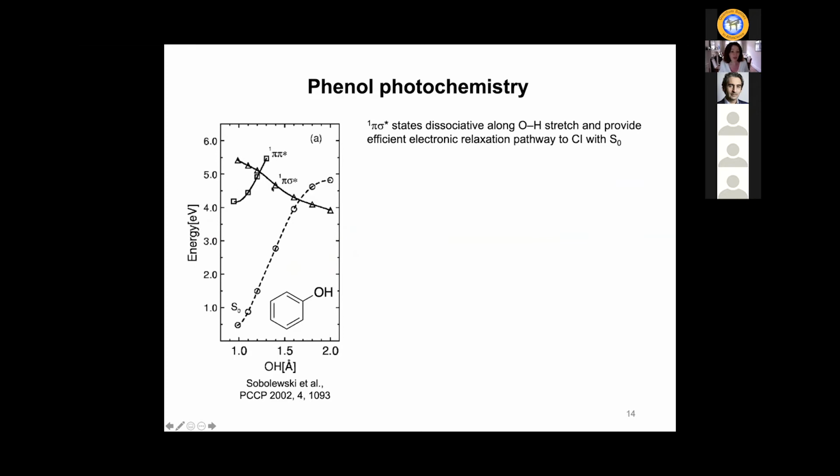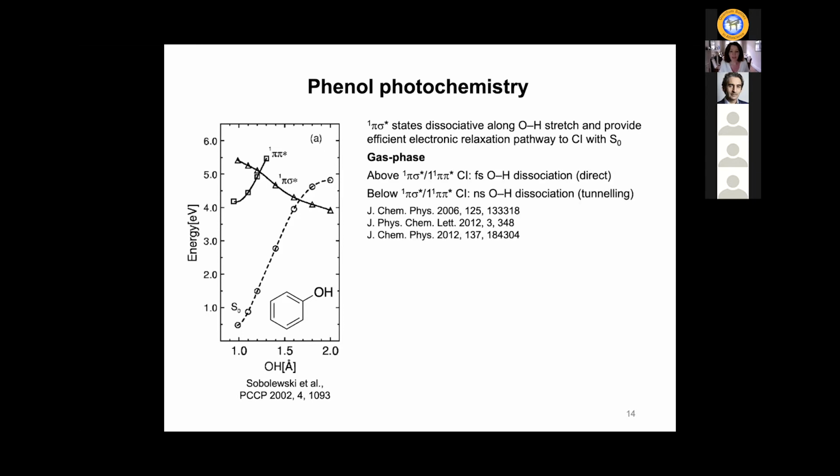And it also has these pi sigma star states, which are dissociative states along the OH stretching bond. And these are very important in biological molecules, because these dissociative states join these excited pi star states back with the ground state, and have been shown to be very important in relaxation pathways to prevent radiation damage.